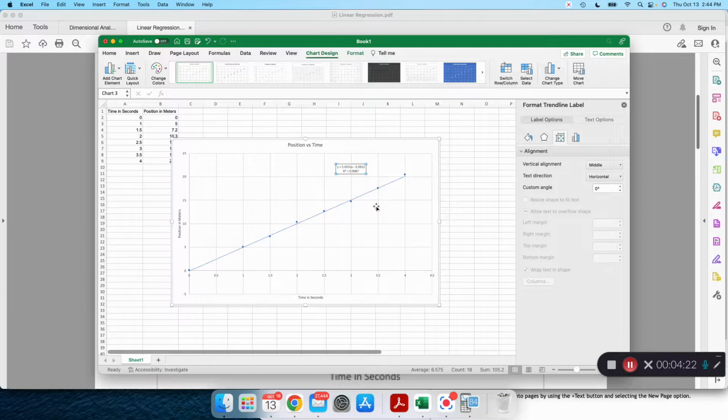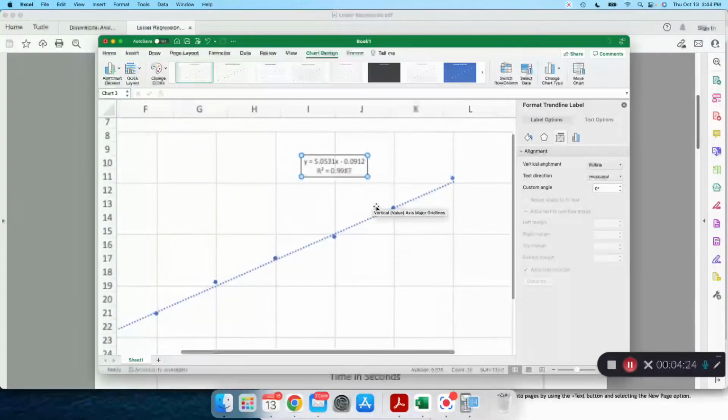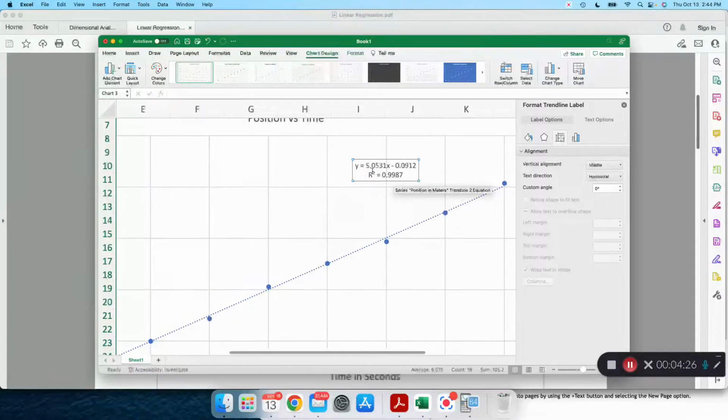So that spit out the equation of my best fit line. Now, I know that I'm not measuring X versus Y. I'm measuring time versus position. So I'm going to go through the trouble of changing these labels here. I'm going to edit this to say T for time and X for position. But you can think of it like X versus Y, T versus X.